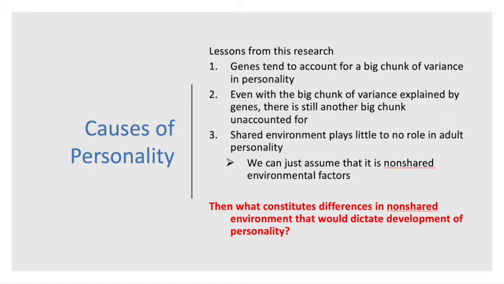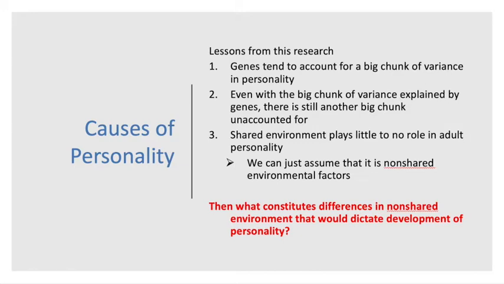Here's the third and final lesson that we get from these types of studies about personality. The final lesson is that non-shared environmental factors, that is, environments that are unique to each twin. As mentioned earlier, let's say one twin had a particularly close relationship with a peer in their adolescent years. So that would be considered a non-shared environmental factor.